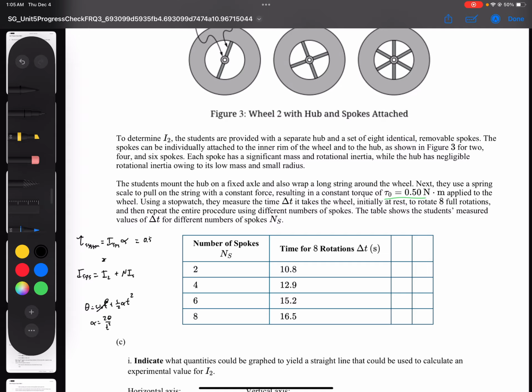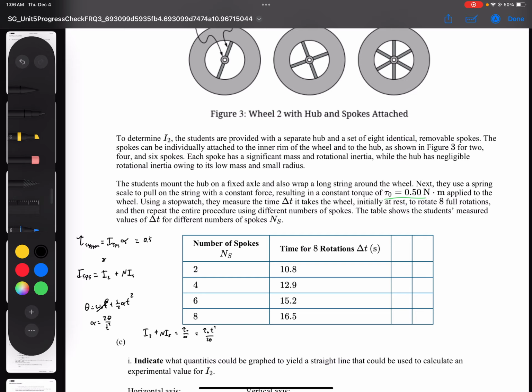So I have my I2, which is what I'm trying to measure, plus n times I of the spokes, the moment of inertia of the spokes. That's my independent variable. And all of that times alpha has to equal the torque on the system. So this is all going to equal tau naught over alpha. And then alpha is 2 theta over t squared. So this is going to be tau naught times t squared over 2 theta.